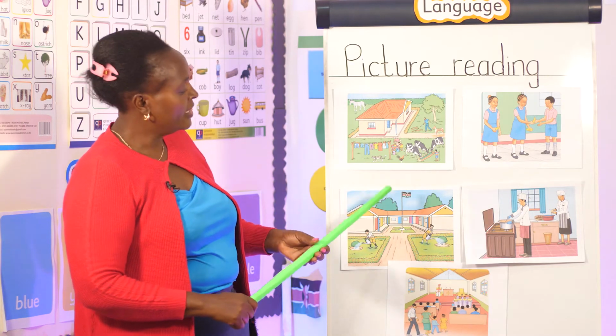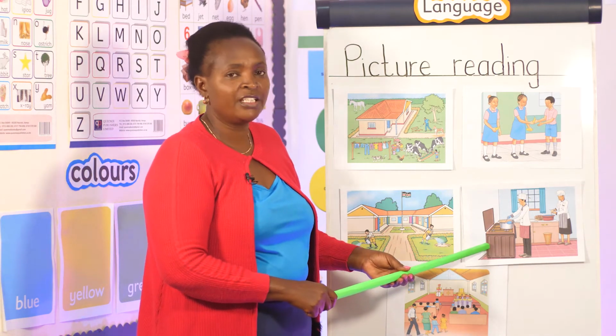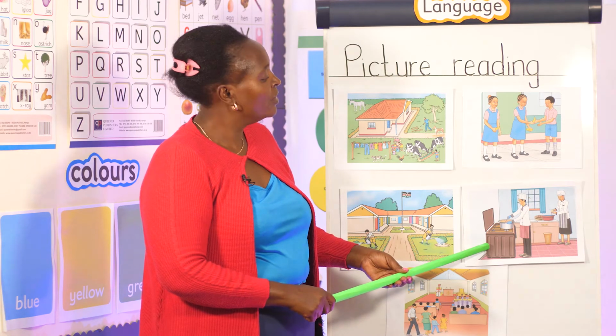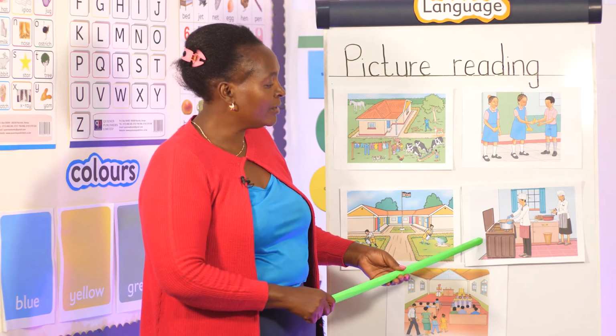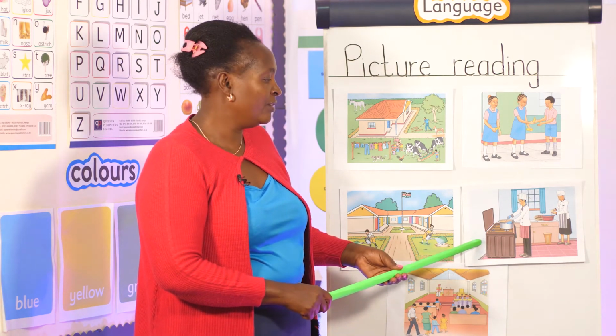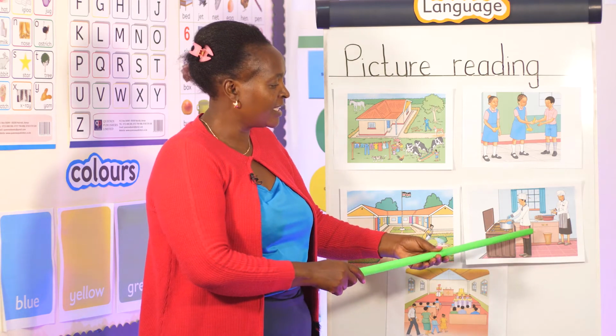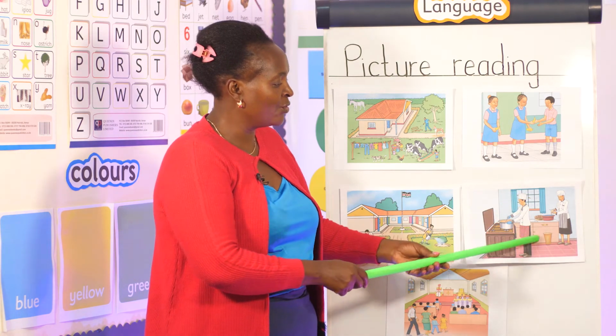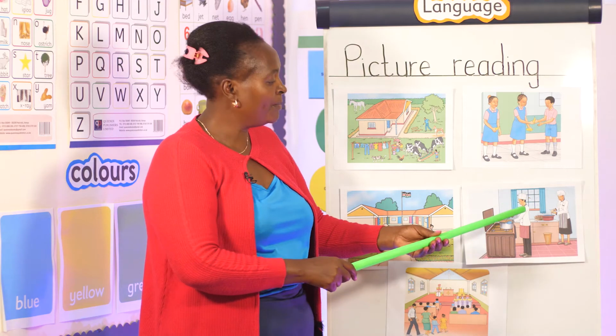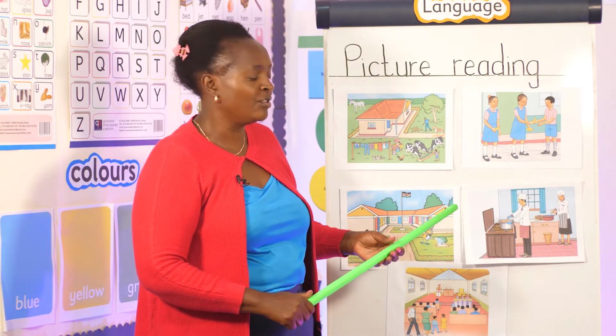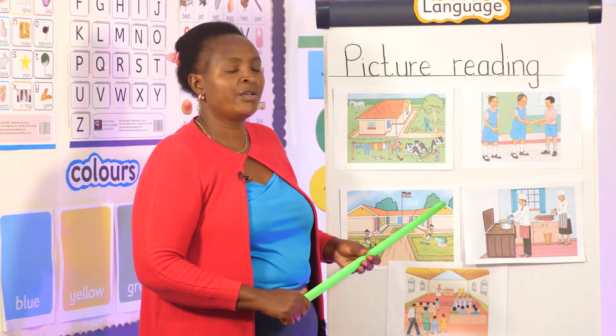Very good. Now, in the next picture here, we can still tell which place this is by looking at the equipment around this place, the things that are there. How is the room? We can tell. The people are dressed in a certain kind of way. Why are they dressed the way they are?